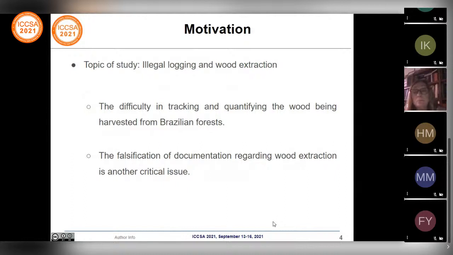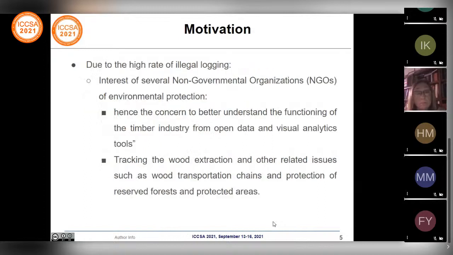Also, the falsification of documentation regarding wood extraction is another critical issue. The high rate of illegal logging is a concern of several non-governmental organizations for environment protection.